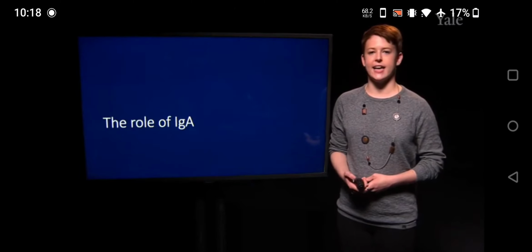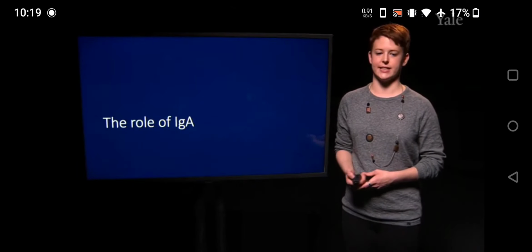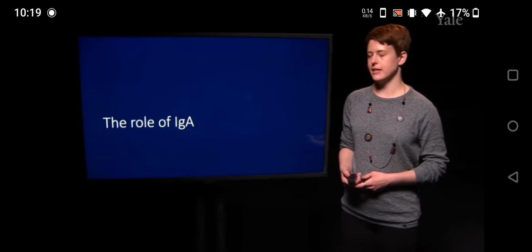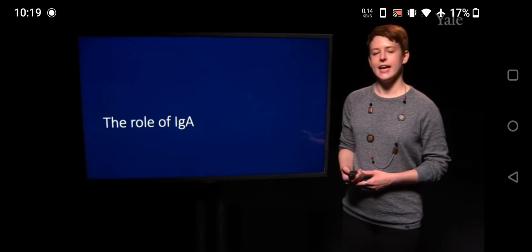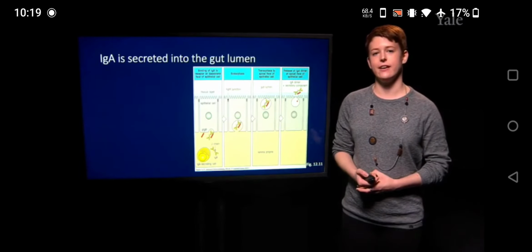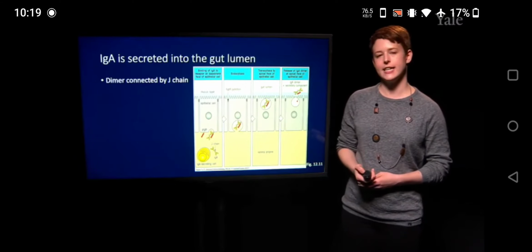So IgA is a very important antibody, particularly for the mucosa and the gut. And this is because IgA, as you guys talked about a little bit earlier in the course, is pretty unique. So IgA can actually be secreted into the gut lumen, and it can be secreted as a dimer.